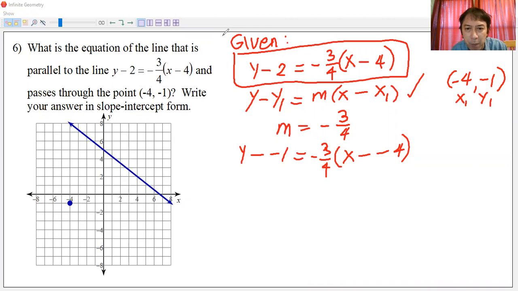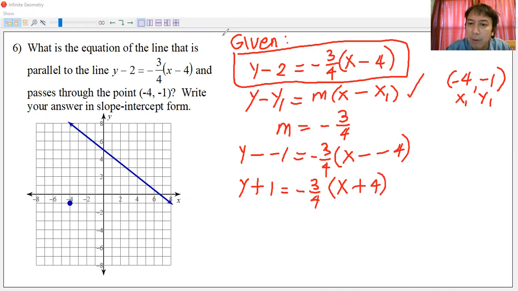This is y minus negative 1, which will become y plus 1. We have the slope negative 3/4 times the quantity x minus negative 4, so this will become x plus 4. We have to simplify this into slope-intercept, so we can distribute the negative 3/4 into the parentheses.